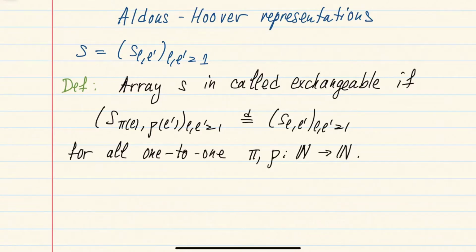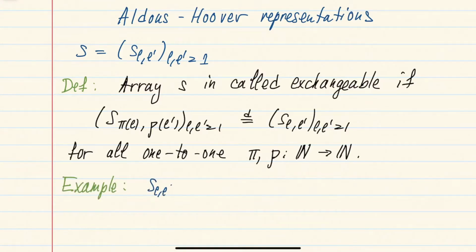So in other words, again, since this is really a statement about finite dimensional distributions, if you take any number of rows and any number of columns, then the distribution of that block will be the same no matter where that block is located. One simple example of such an array is the following.